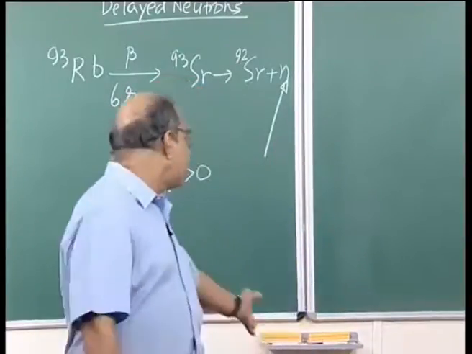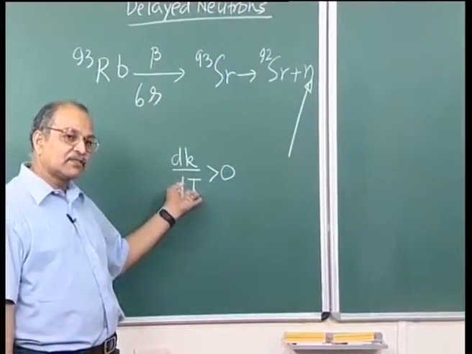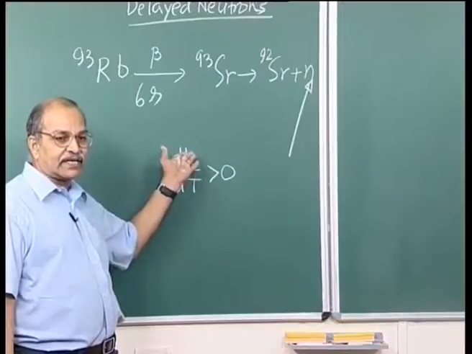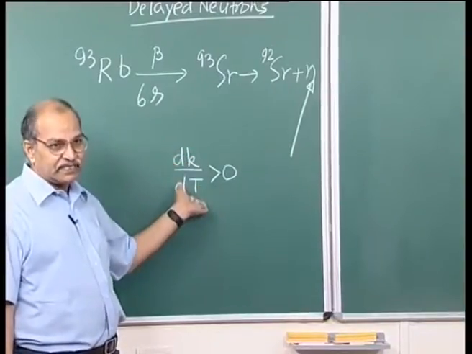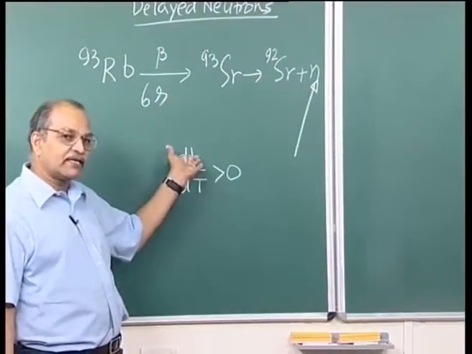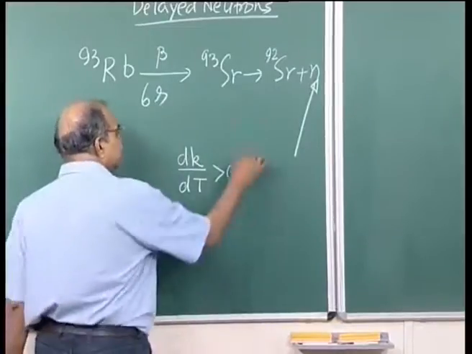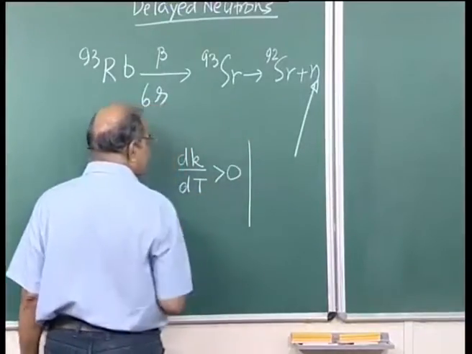Similarly, here if the temperature increases due to some factors, the reaction rate increases, and the temperature increases further, and the reaction rate again goes up because of this positive feedback. So, this is a dangerous type of situation.